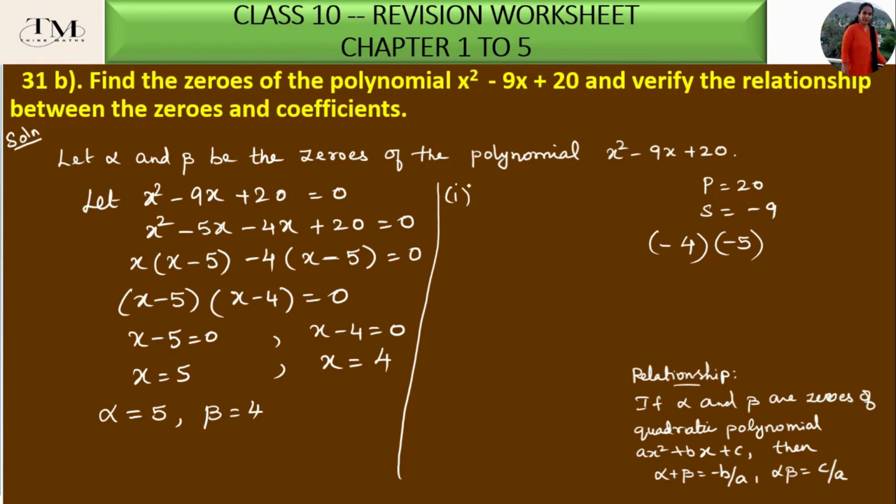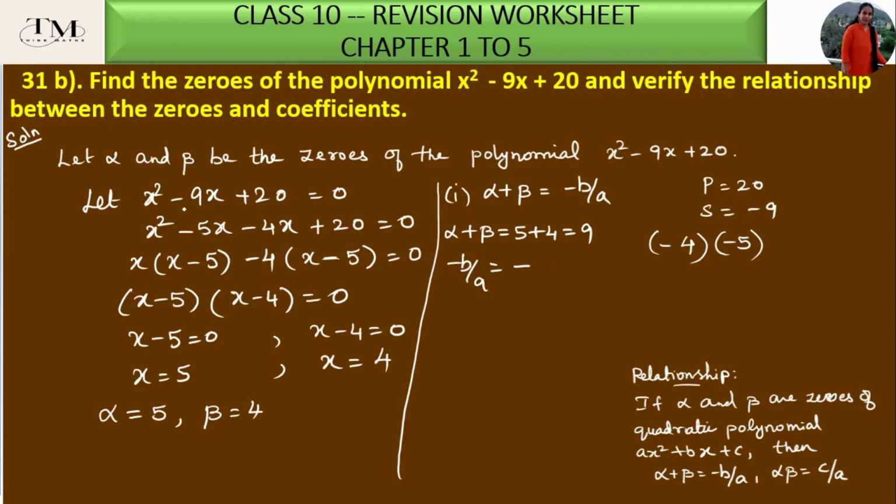So the first relationship is we have to prove alpha plus beta is equal to minus b by a. So what is alpha plus beta? Alpha plus beta is equal to 5 plus 4, so 9. Minus b by a is minus, what is b? B is nothing but the coefficient of x.